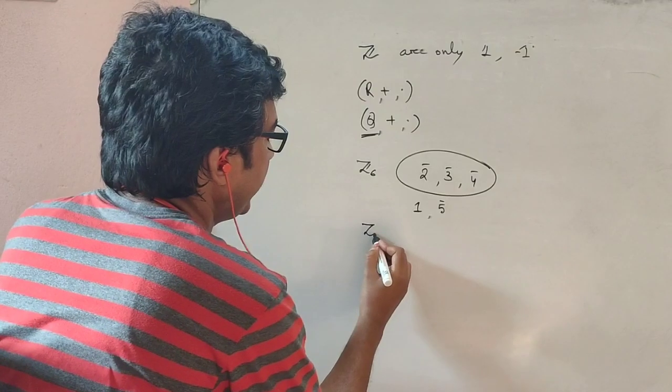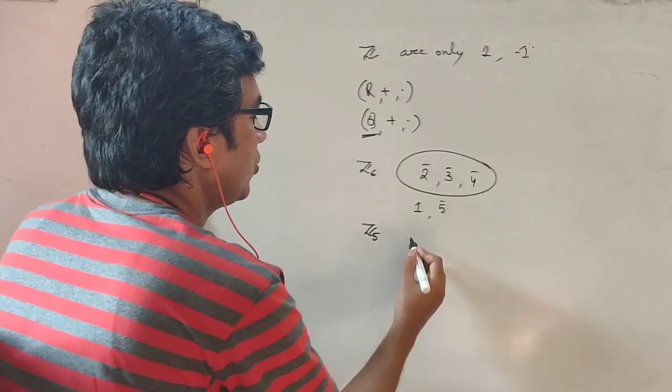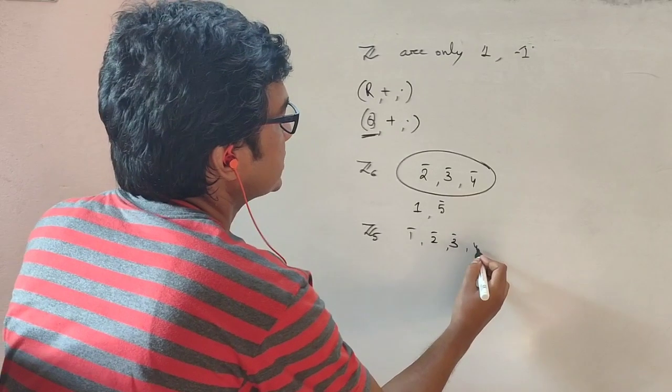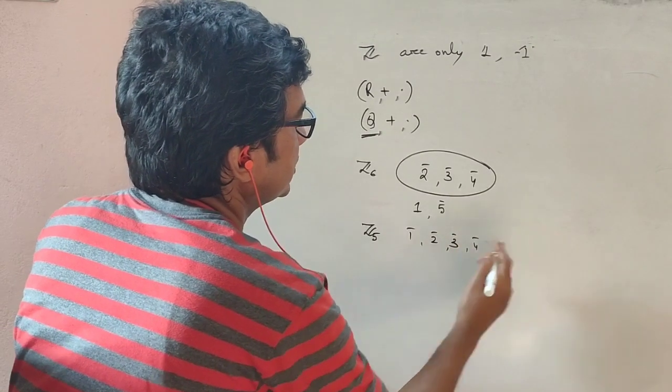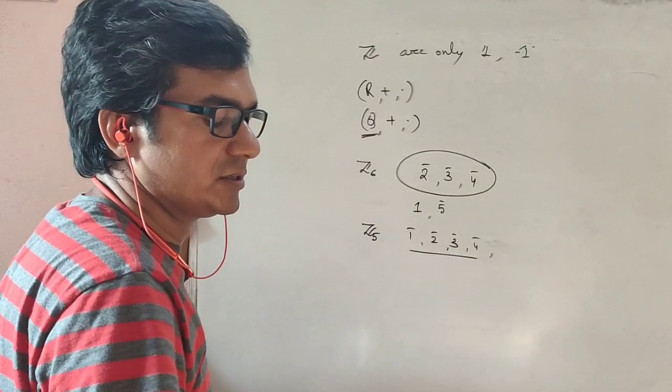In Z5, 1, 2, 3, 4 are all unit elements.